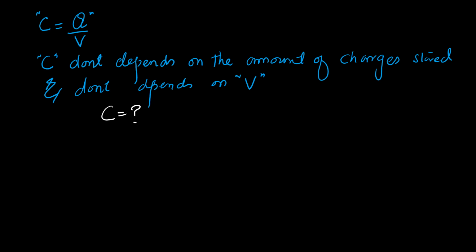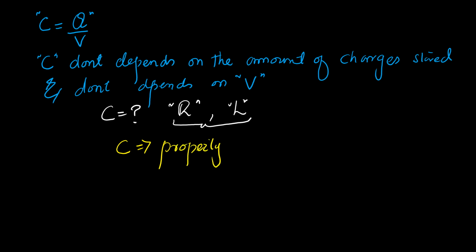Just like capacitance, there are other physical quantities like resistance R and inductance L. Both resistance and inductance are properties of a material. Similarly, capacitance C is a property of the plates used in a parallel plate capacitor, or any type of capacitor.